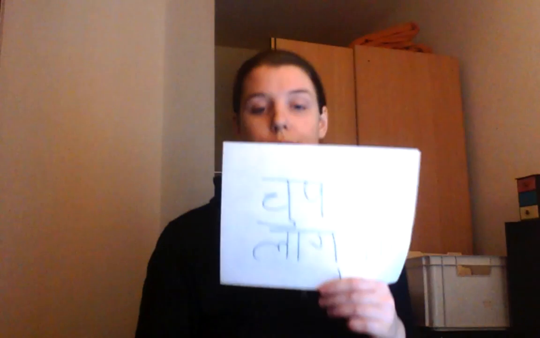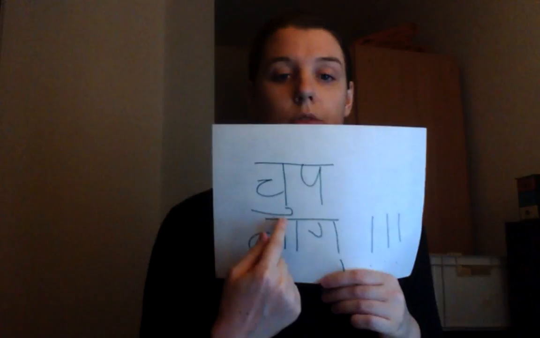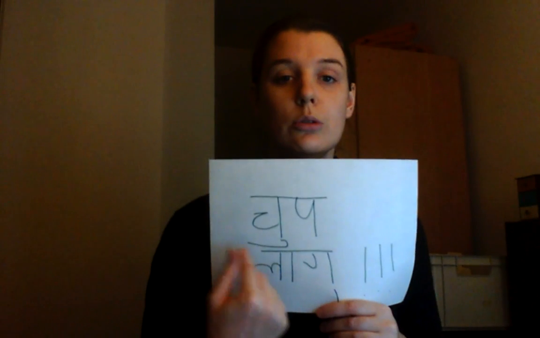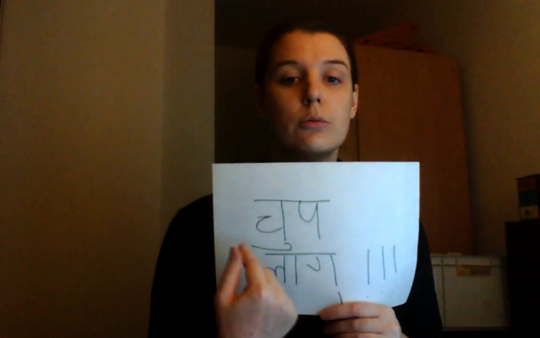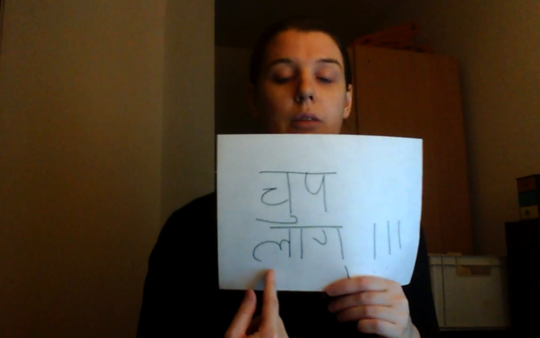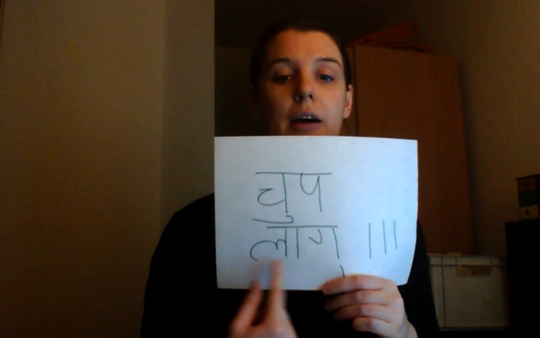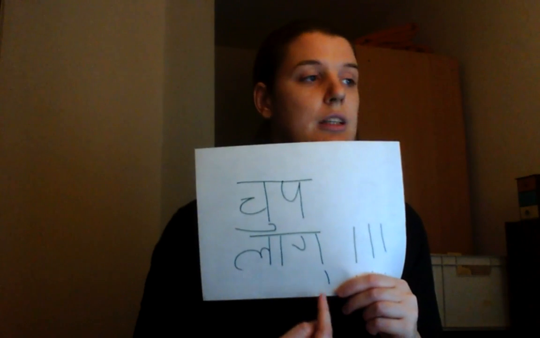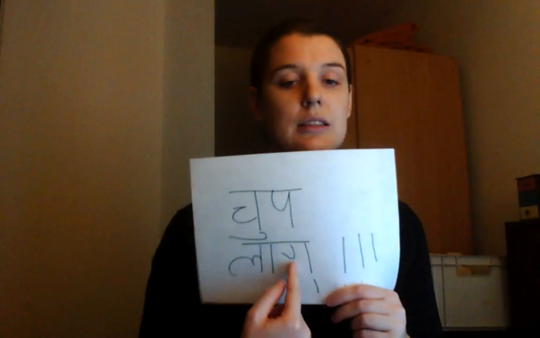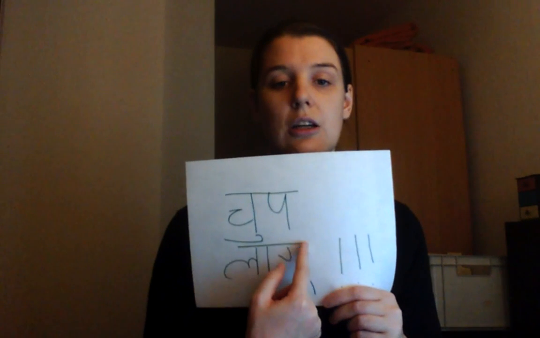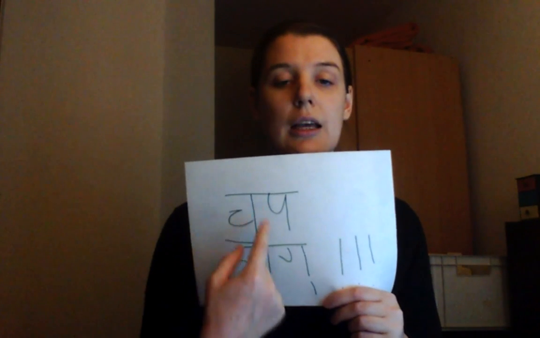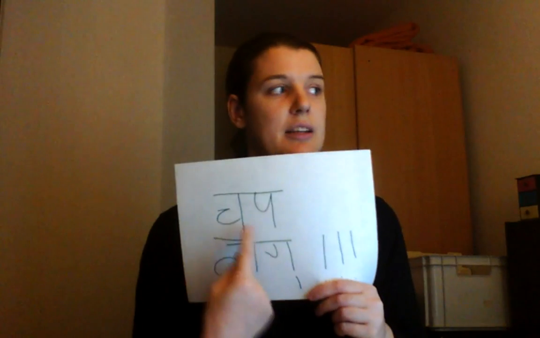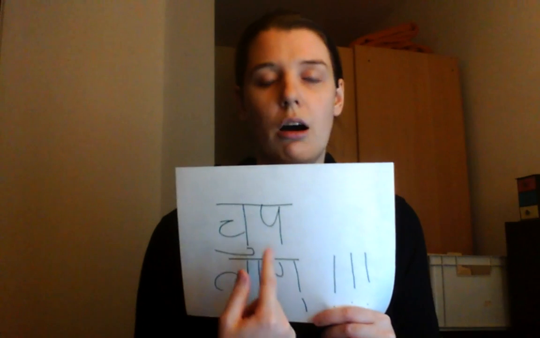Okay, the letters cha, short vowel u, pa, chup. Then we have la, a, la, and then ga. And again, this sign here signifies, in this case, basically only that this consonant is cut off, because in every consonant there is an inherent short vowel a.